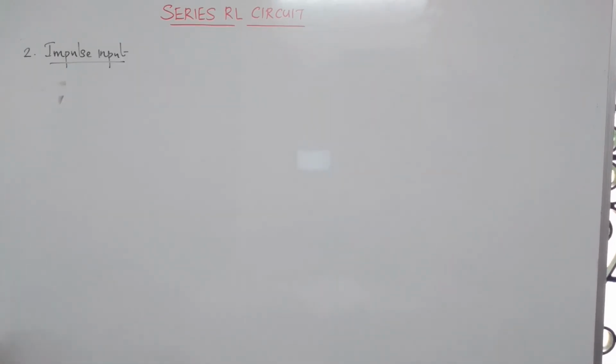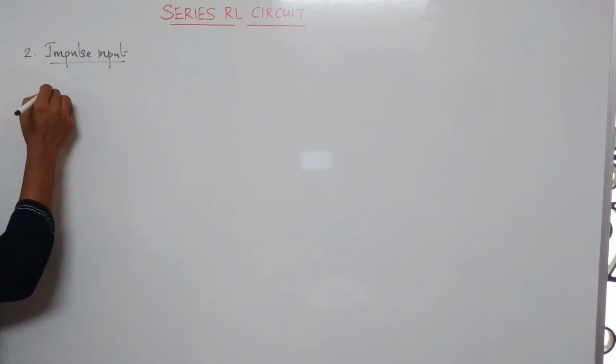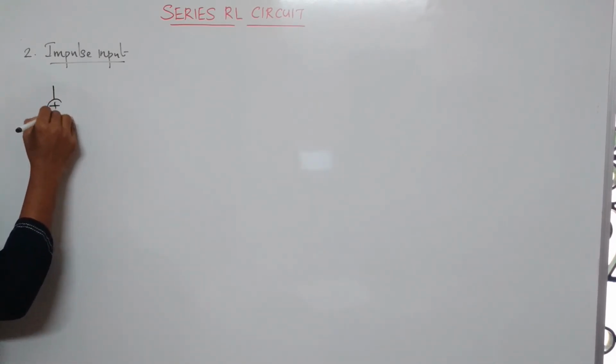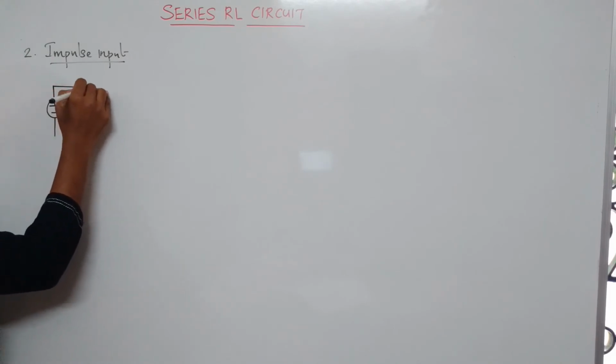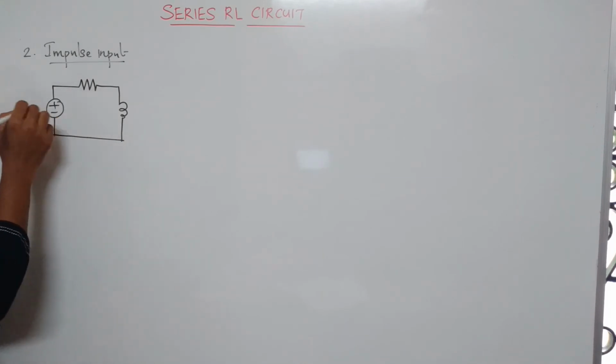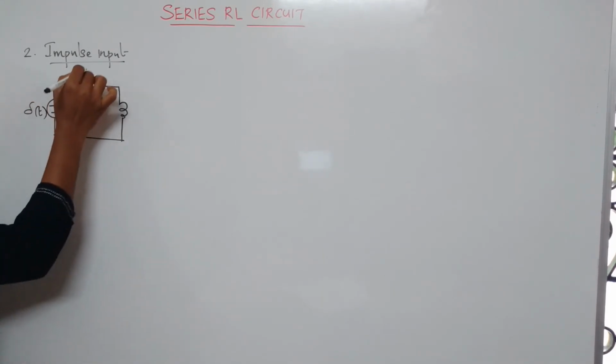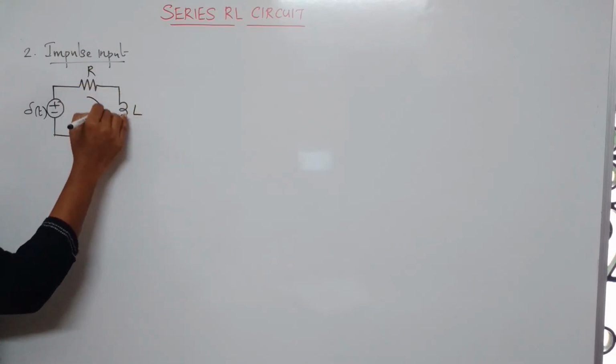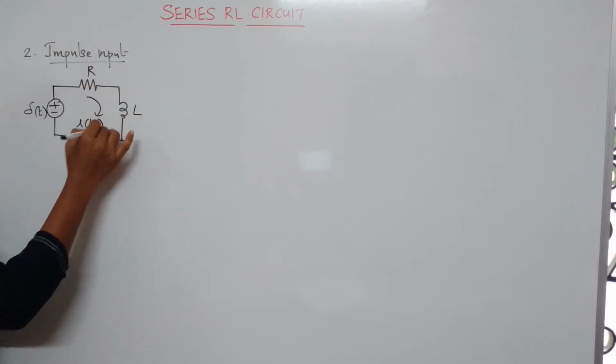Now let's see the analysis of RL circuit for an impulse input. So here we have an RL circuit. The input is impulse, that is delta of t. This is R, this is L, this is i of t.